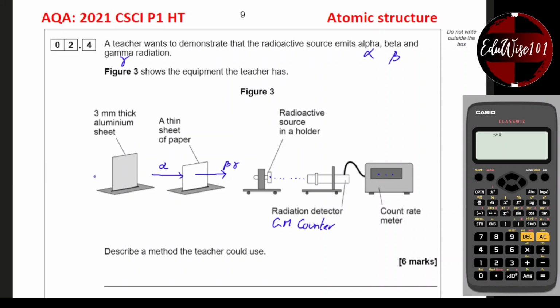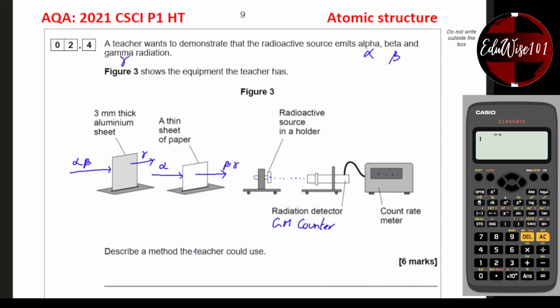A thin sheet of aluminium, on the other hand, will stop the alpha and the beta, but it will let through the gamma radiation. To stop the gamma radiation, you will need a thick piece of lead. Even then, it might let some of the gamma through.